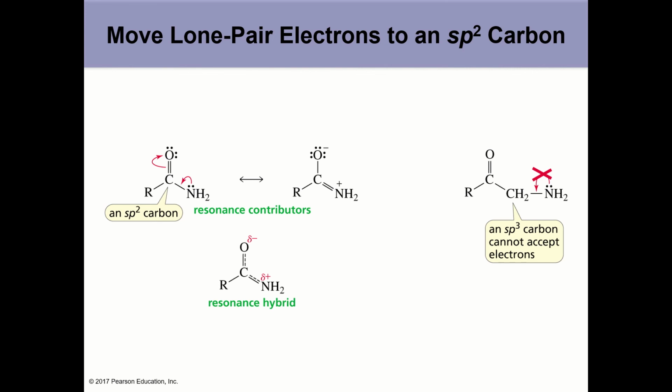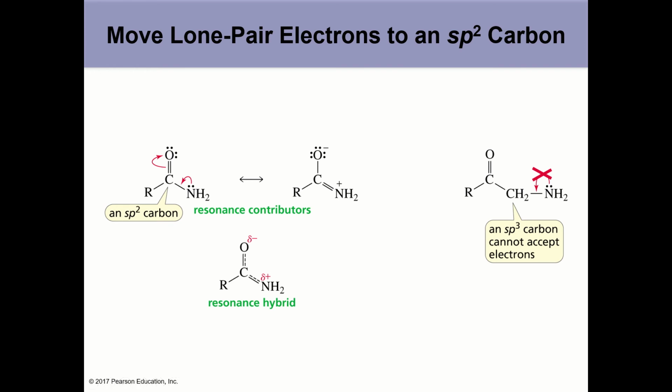Okay. Moving lone pair electrons to an sp2 carbon. Lone pair electrons can move from an sp3 atom to an sp2 carbon as long as there is a pi bond that can move.